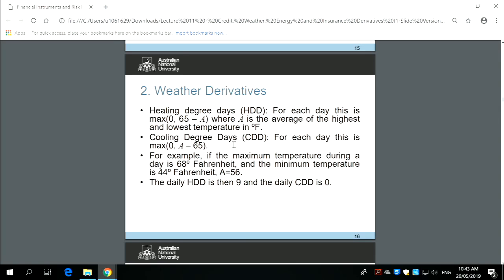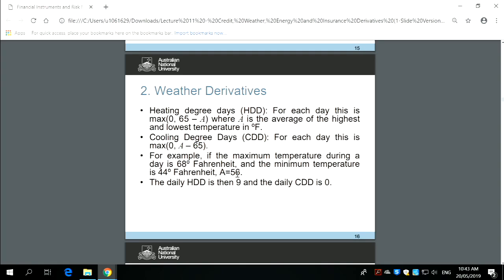Okay? So the example we have here is, imagine the maximum temperature measured during the day is 68 Fahrenheit, and the minimum temperature is 44, and you take an average of that, so that's 56 Fahrenheit. With 56 Fahrenheit in the cooling degree day, you don't get any payoff.